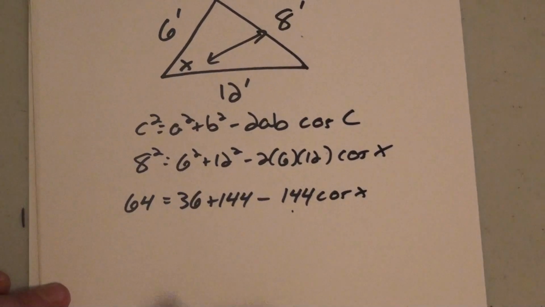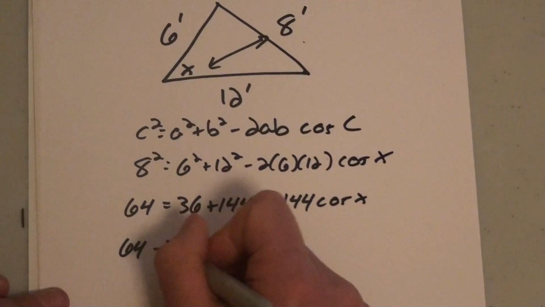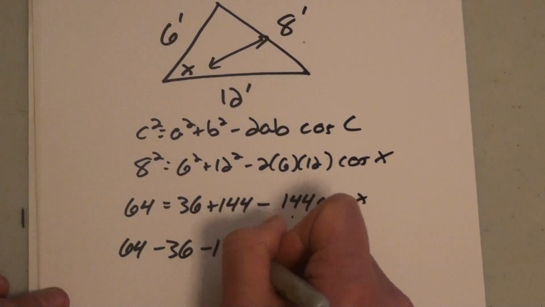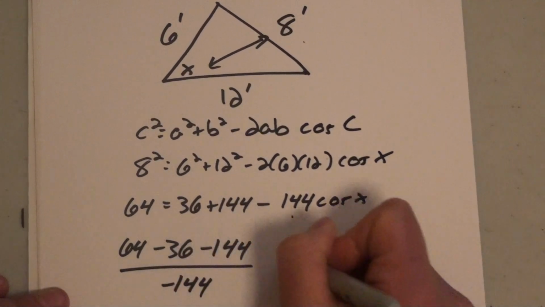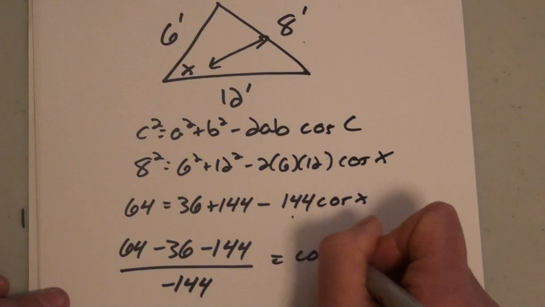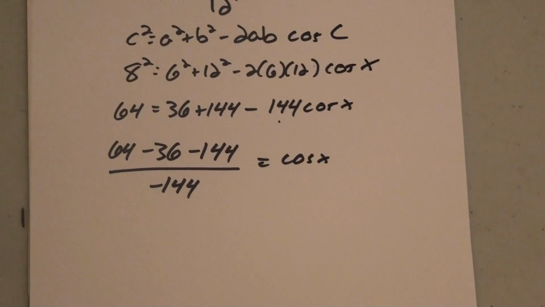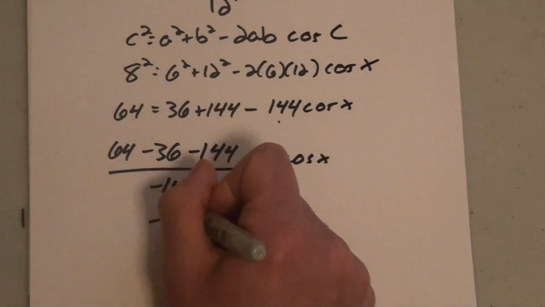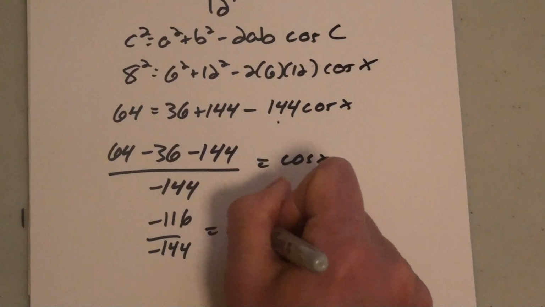Do a little work to get the angle x by itself. So 64 minus 36 minus 144, divided by negative 144, is going to equal your cos x. Putting that into your calculator, 64 minus 36 minus 144 equals negative 116, divided by negative 144 equals cos x.